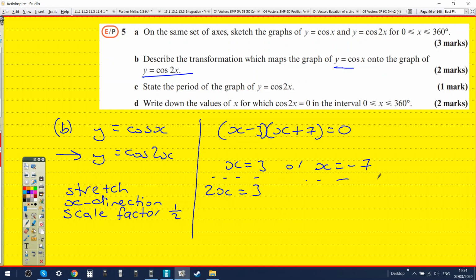And so what's the new solution? 1.5, or minus 3.5. Yes.